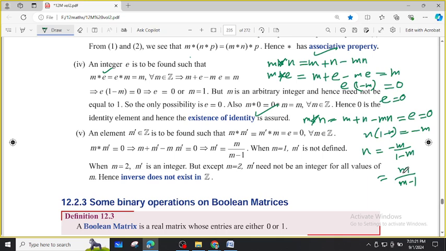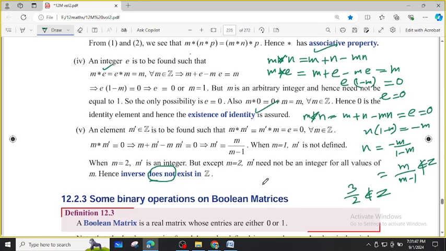If you take 3, 3 minus 1 is 2, so 3 by 2 is not an integer. So it becomes a very big problem, depending upon the problem. So inverse does not exist, because this does not always belong to the integers. Understand? If you put only 2, we can get the inverse. For the other elements, it's not possible.